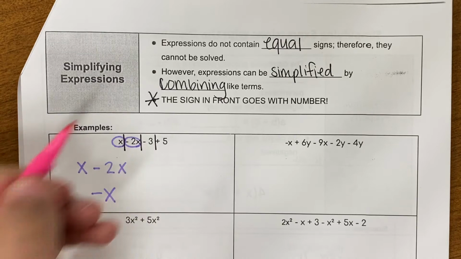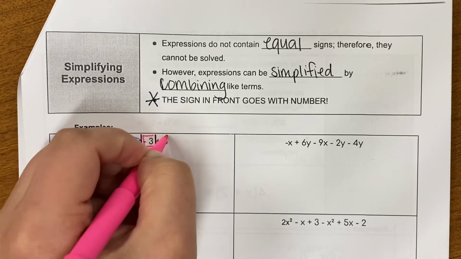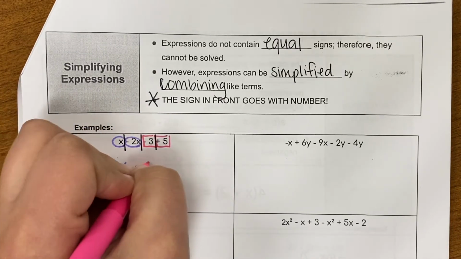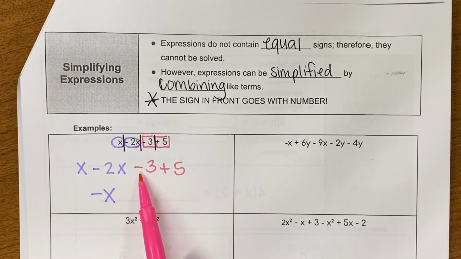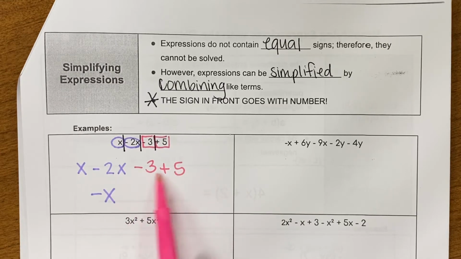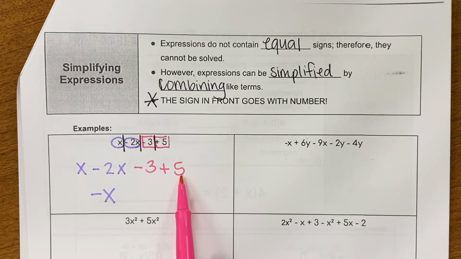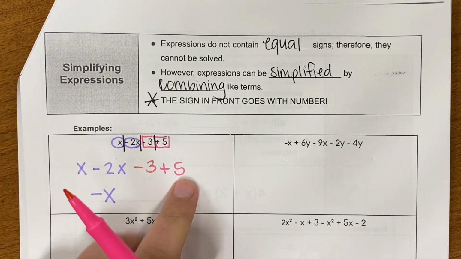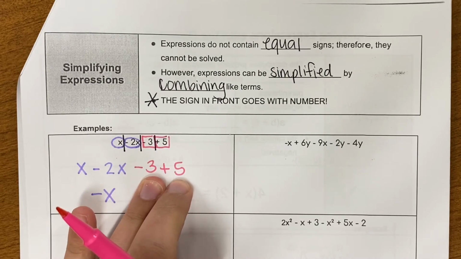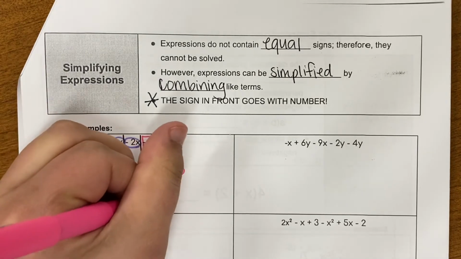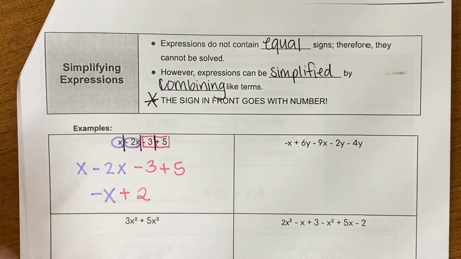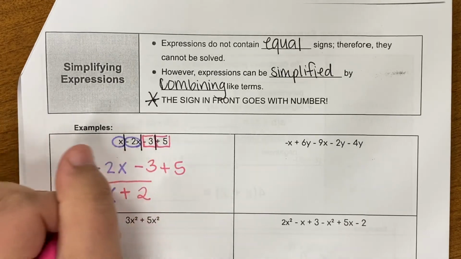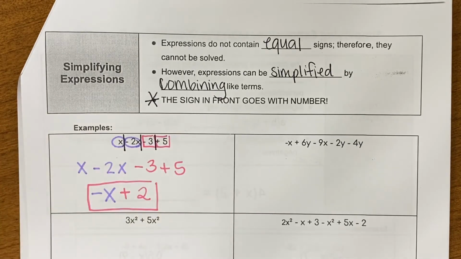Over here, I have two constants I can combine: negative 3 plus 5. Since my signs are different, I'm going to subtract and take the sign of the larger number. So 5 minus 3 is 2. The larger number is 5, which is positive, therefore this is going to be x plus 2. Wait, negative x plus 2. And this is my expression simplified.